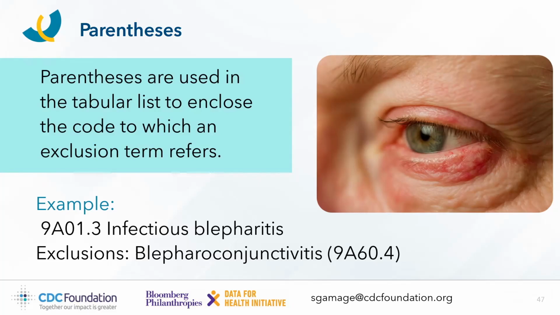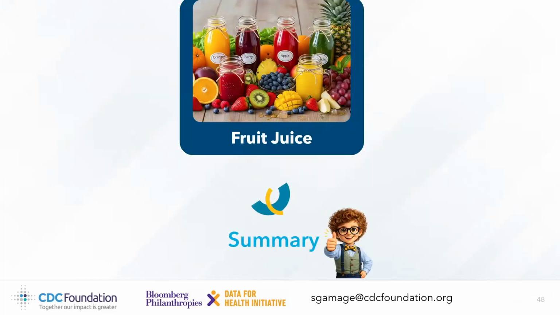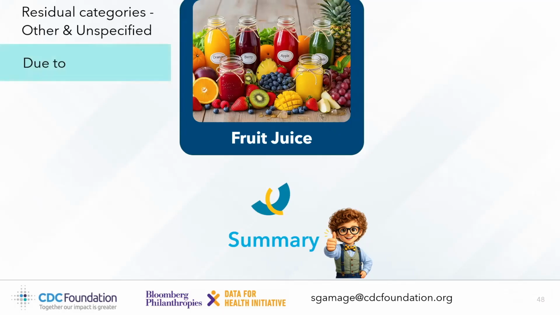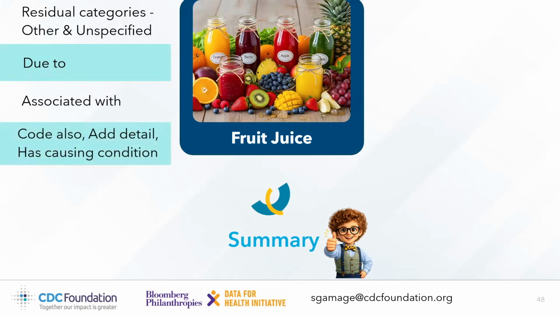And now we come to the end of our session on coding conventions used in ICD-11. Just to summarize, we discussed the residual categories, other specified and unspecified. We discussed the use of due to, associated with, then code also, had detail and has causing condition, the conventions required to be used.